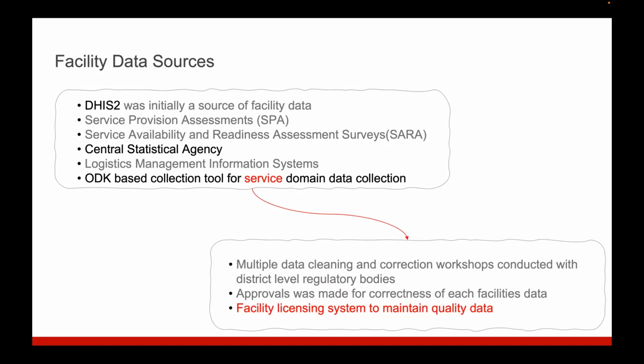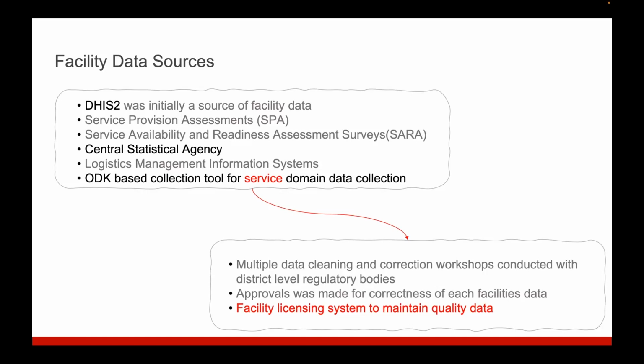So one of the data sources we used was DHIS2, because DHIS2 is implemented at many facilities in the country, and it is the main and crucial health information management reporting system for aggregate data. This is a very important system for the Ministry of Health at national level as well as subnational level, so it has relatively the best quality of facility data. We used that as a data source to initialize the facility registry system, because we had to populate facility lists.